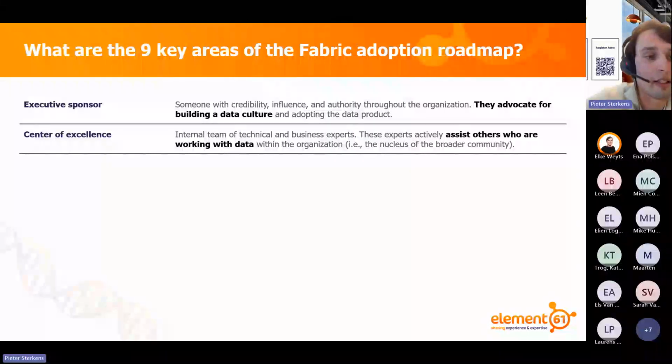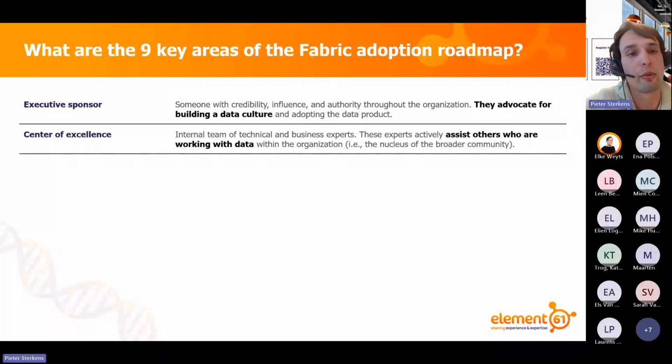Second, the Center of Excellence. We briefly touched upon it, but in essence, it's an internal team of technical and business experts that assist people who are working with data. And remember, in that example we talked about earlier, we at one point created that meeting with management, business, and IT to discuss central topics and to create a data dictionary for end users.